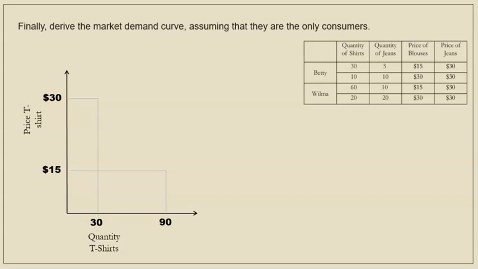So then we're going to put our line in, which looks something similar to this, and that would be our market demand curve for all customers in the database for t-shirts at the given prices of $15 and $30.